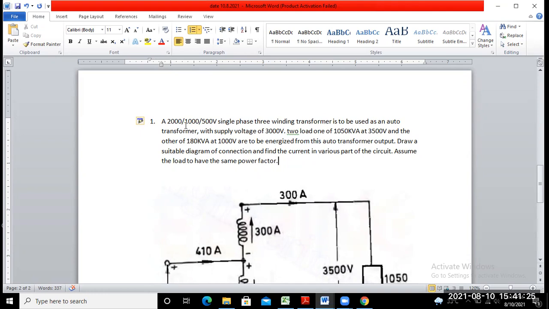If you connect the first and second winding in series adding, you get the summation of the voltages across the windings.